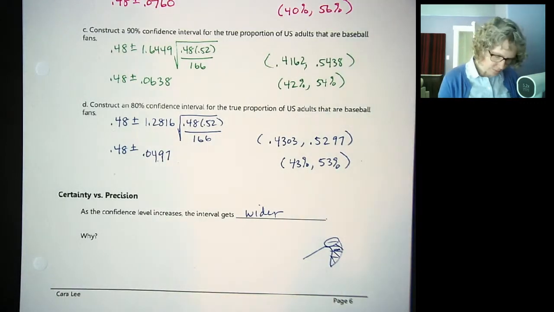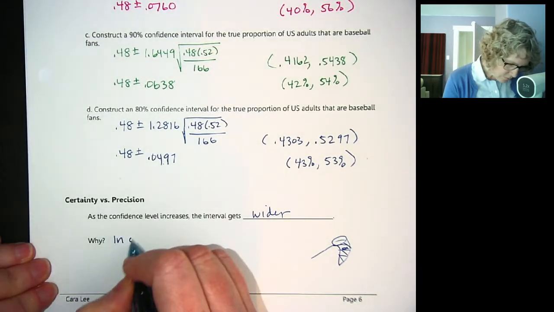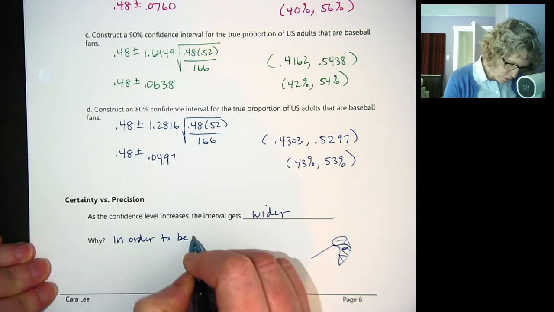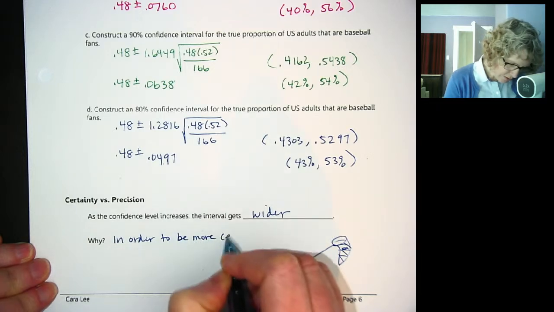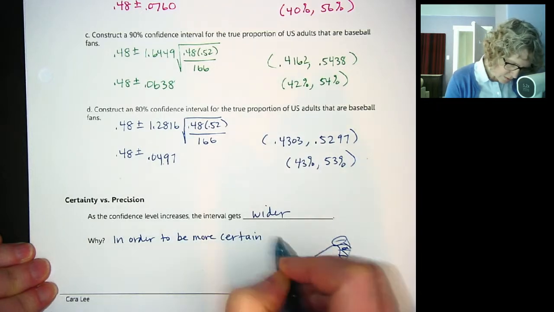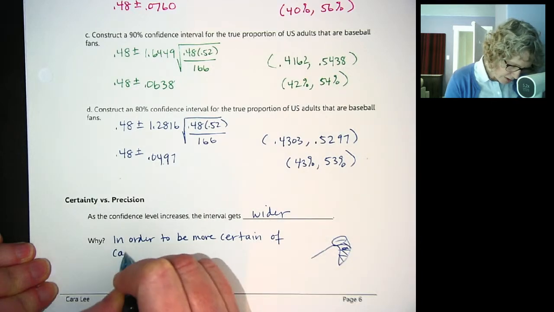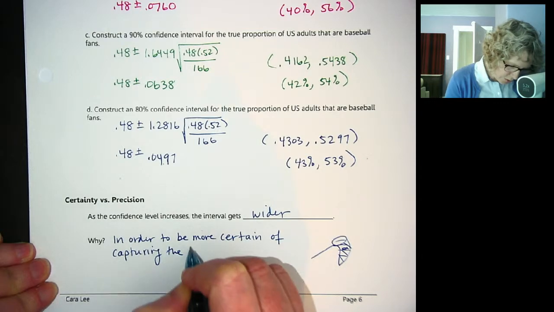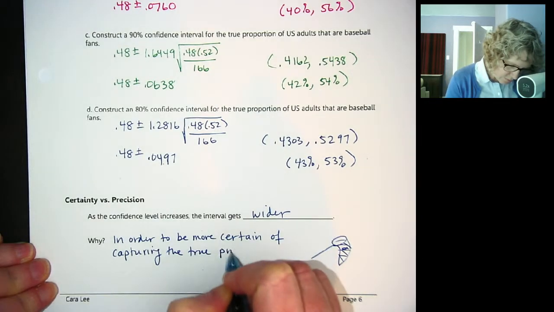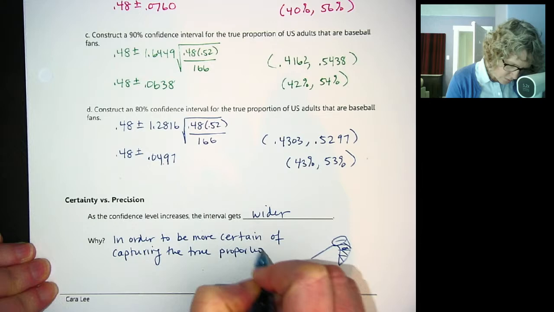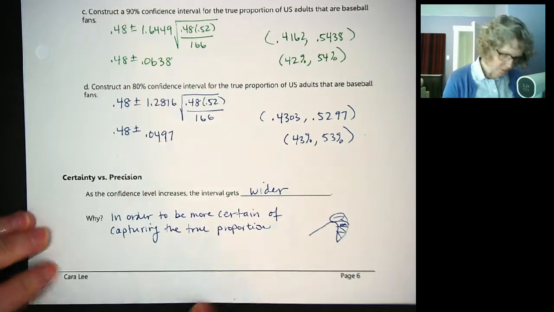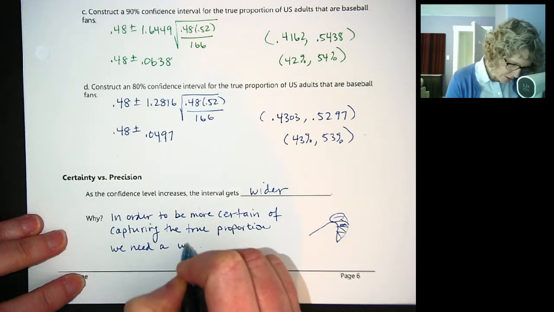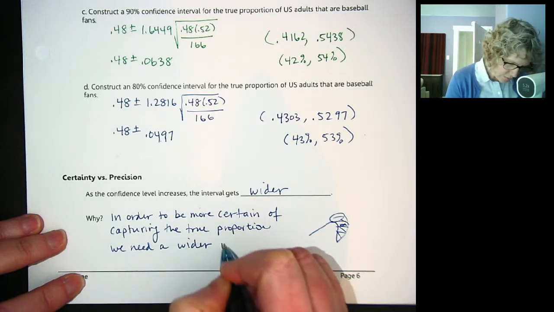So in order to be more certain of capturing the true proportion, we need a wider interval.